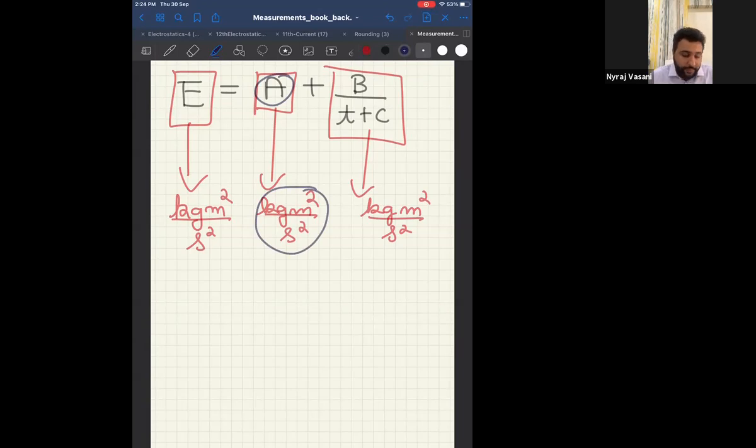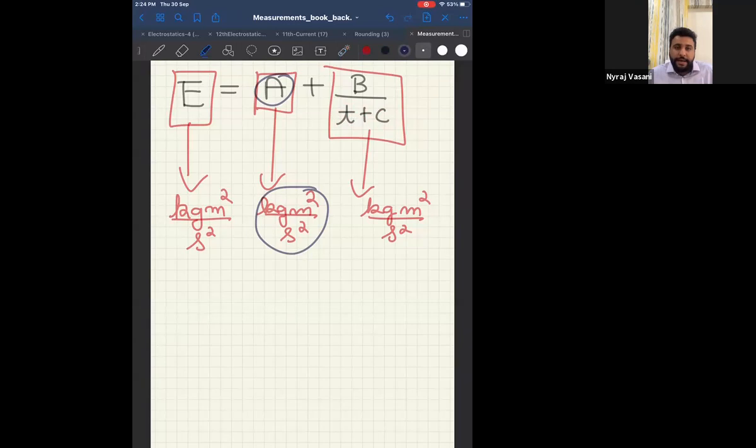Now look at this, everyone now concentrate. T plus C means time plus C. Now I just told you that only quantities that have the same dimensions can be added. If the quantities have different dimensions, they cannot be added. Therefore, if I'm adding time to something, that something also should have the same dimension as that of time. Otherwise, time cannot be added.